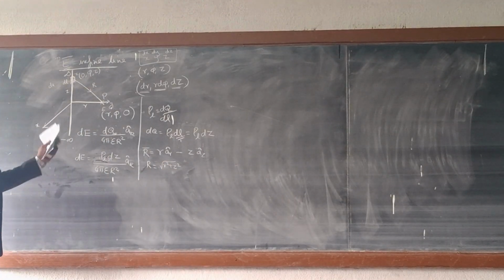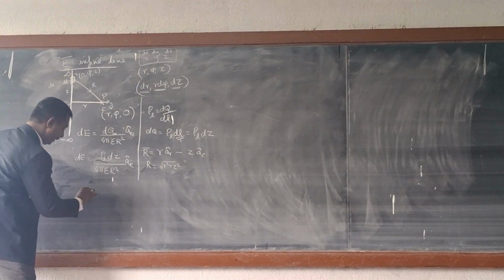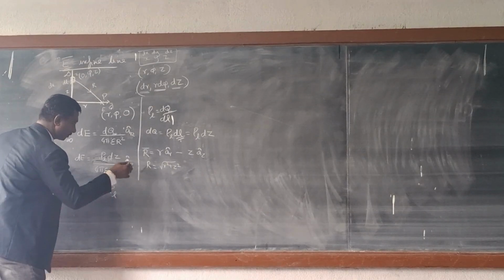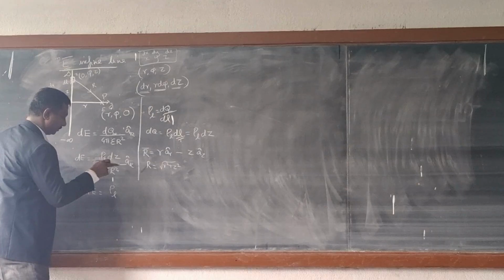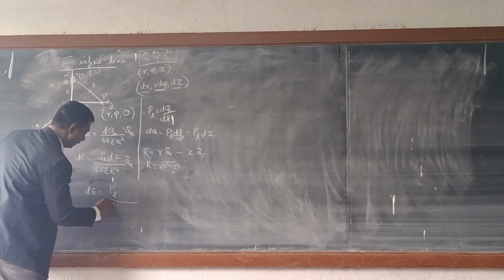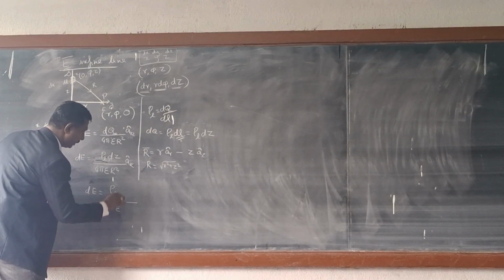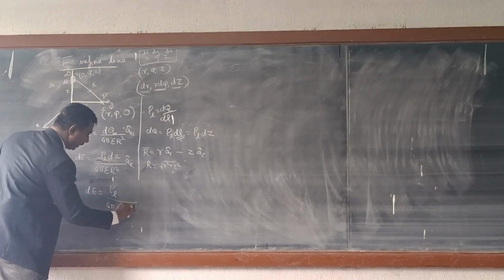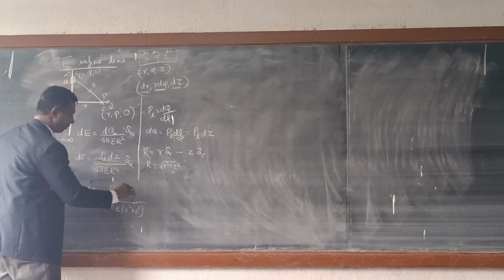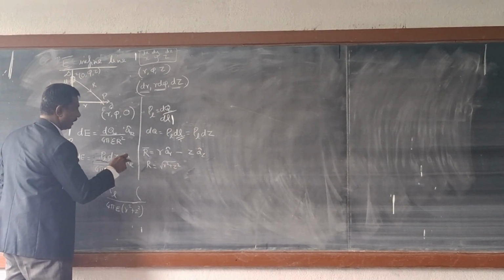To substitute all these things in this equation, DE becomes rho L divided by 4 pi epsilon r square. R square is nothing but r square plus z square multiplied by AR cap. What is AR cap?